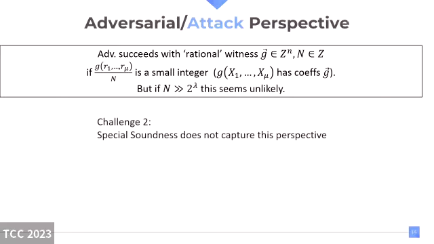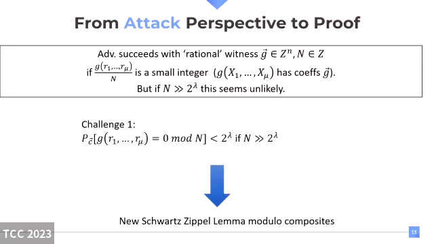The other problem is that special soundness does not capture this perspective. If we look at this statement carefully, this is a statement about the claimed witness g and the set of challenges. However, this doesn't really make sense because in special soundness, we use the challenges to extract the witness, right?